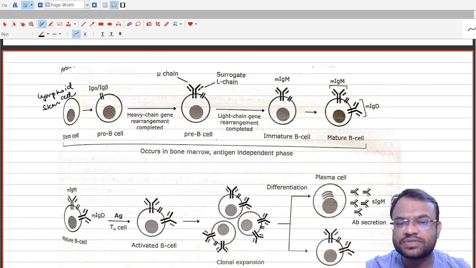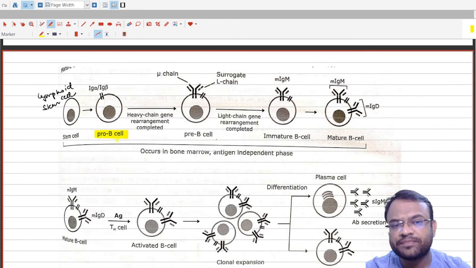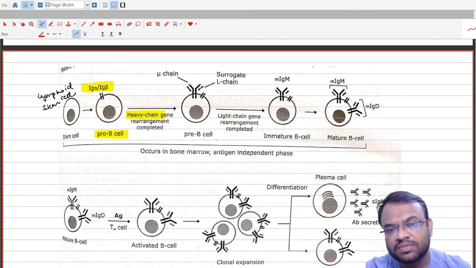From the lymphoid stem cell, remember we had reached the pro B cell. In the pro B cell, there was heavy chain gene rearrangement. Remember, Ig alpha and Ig beta are present over here and they are linked with a disulfide linkage.